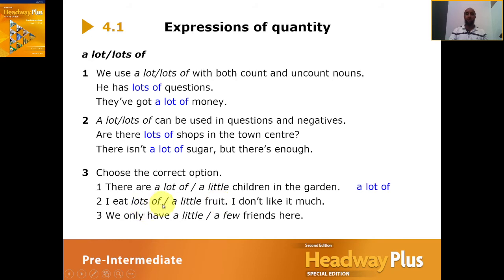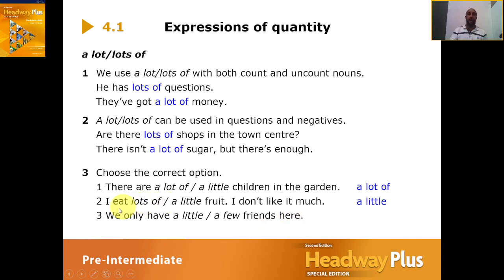Technically we can sort of use both of them, but let's decide which one by reading the next sentence. Here it says I don't like it. So if they don't like it, which means they eat a little, right? So we're going to say I eat a little fruit, not much.